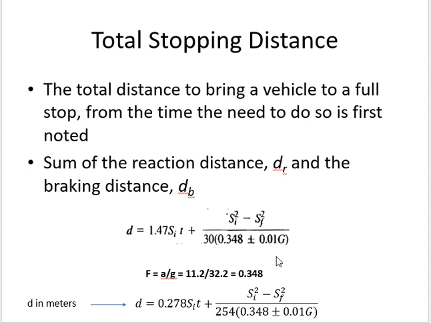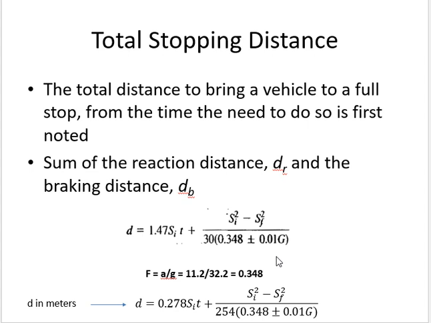I mentioned earlier that braking does not involve the perception reaction distance. But the total distance needed for stopping needs some perception reaction distance and also the braking distance, right?